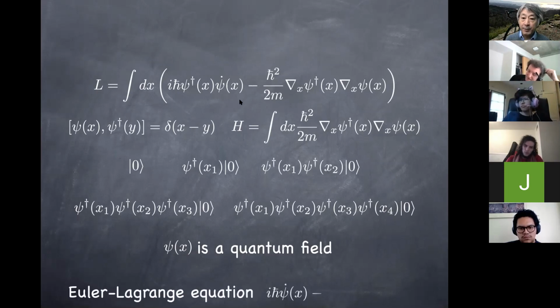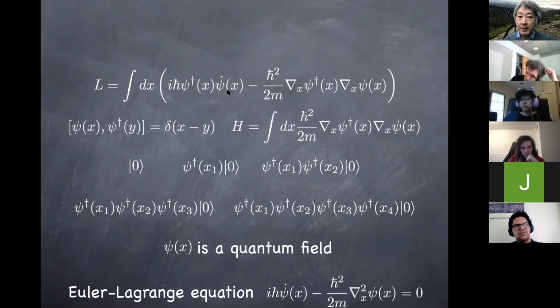And now that you have a Lagrangian, you can derive the Euler-Lagrange equation. The Euler-Lagrange equation is a stationary condition of the Lagrangian with respect to infinitesimal variation. So if I take the variation with respect to psi dagger, then the coefficient of the variation is i h bar psi dot.